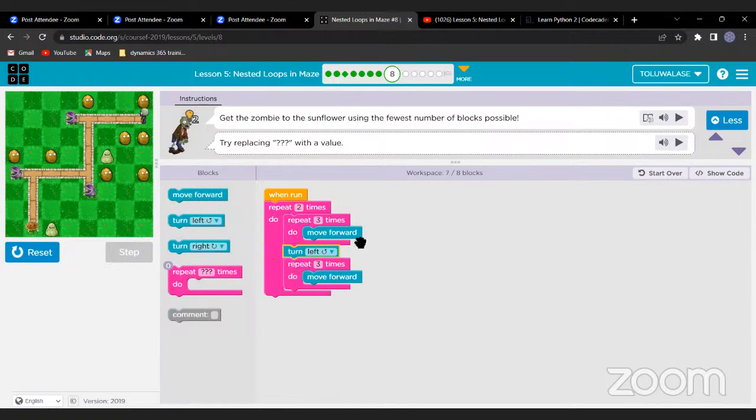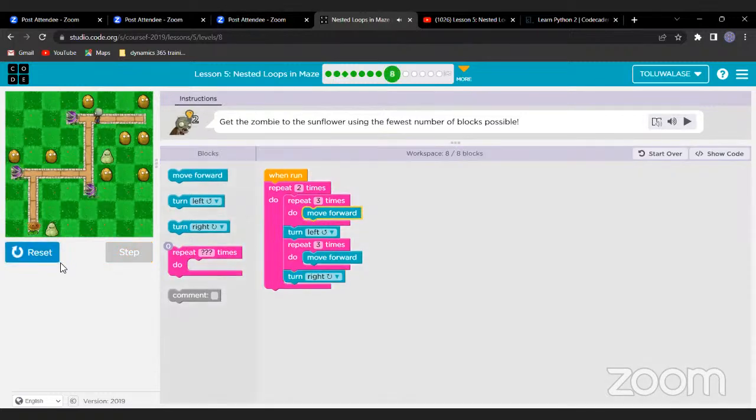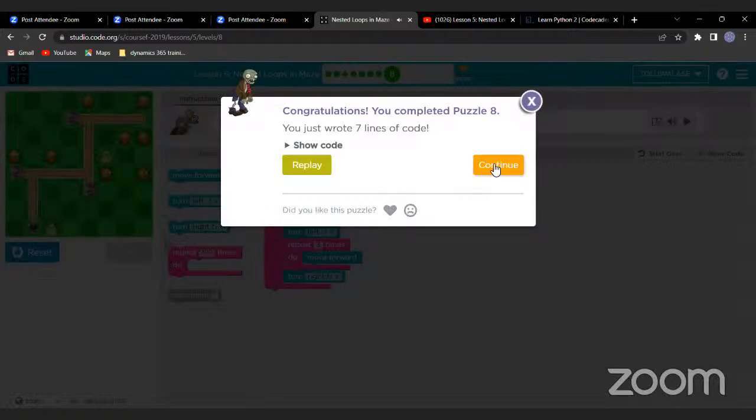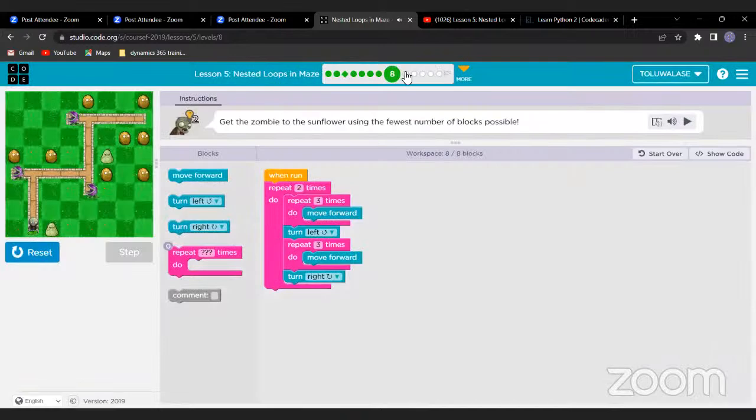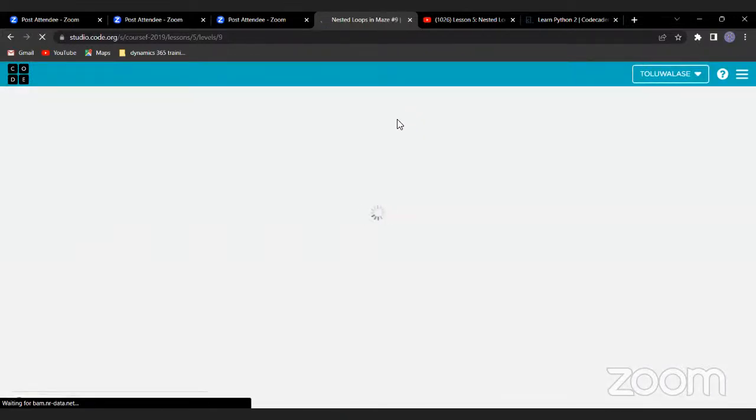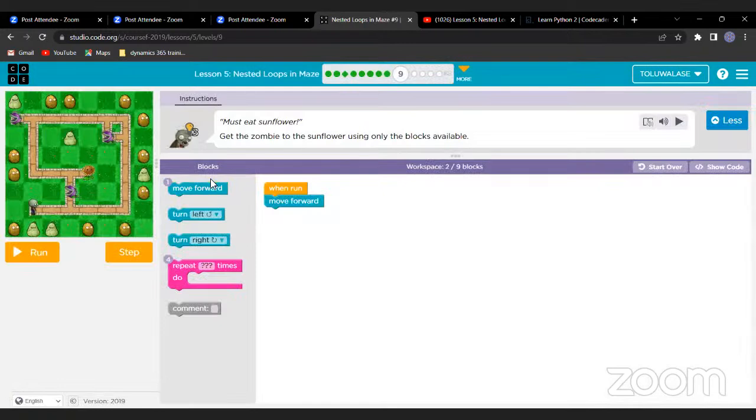And then put turn right under everything. No, wait, where you put it before? No, not there. Inside, yes, there, under repeat. And then reset and run it. That should work. You can see your code that you did. Okay, you're welcome.